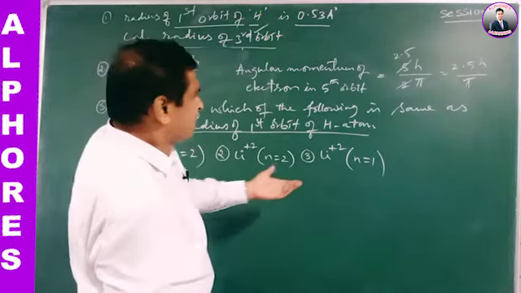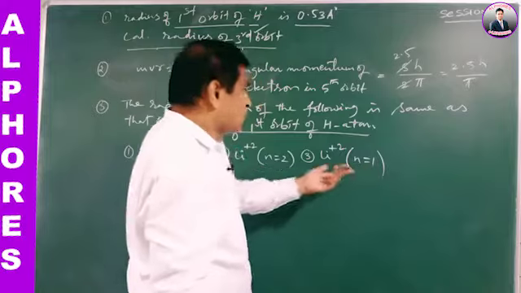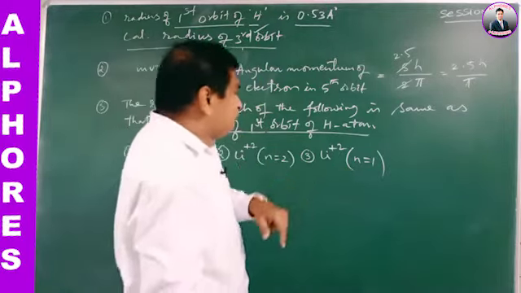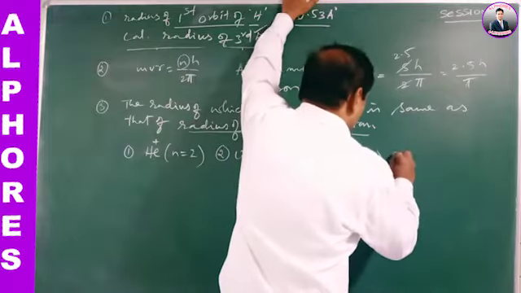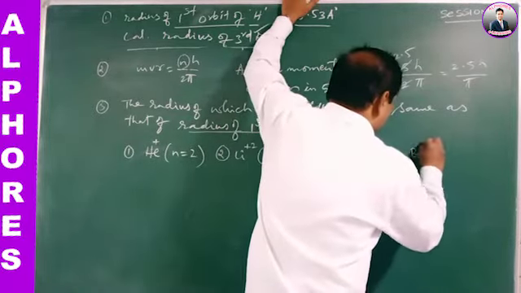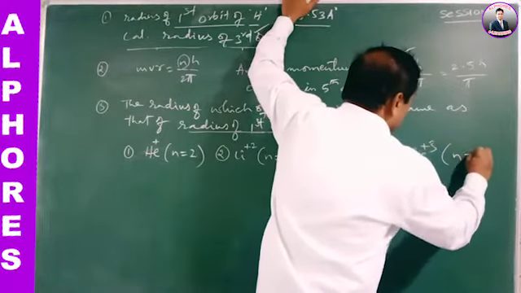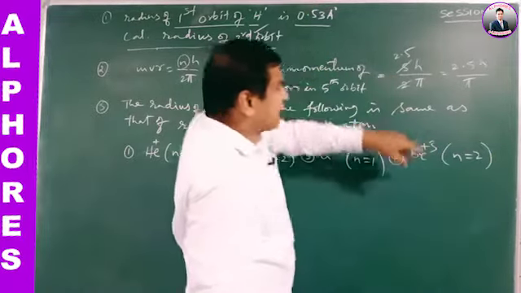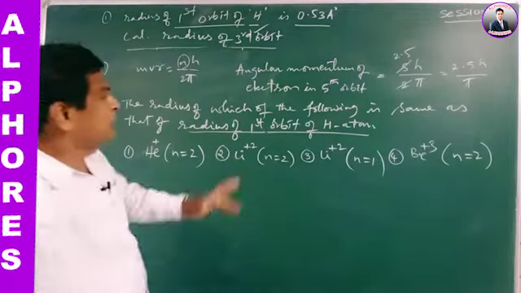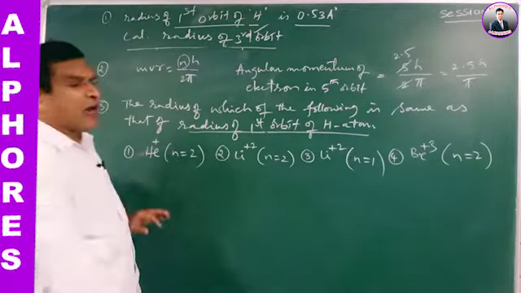That means the first orbit of lithium ion, is it equal to the radius of the first orbit of hydrogen? And the fourth option, beryllium 3+, n is equal to 2. That means the radius of the second orbit of beryllium, is it equal to the radius of the first orbit of hydrogen atom? So 4 options we have prepared.